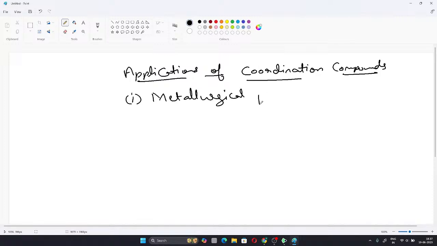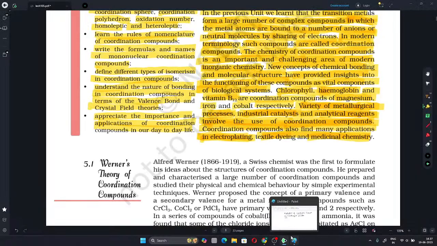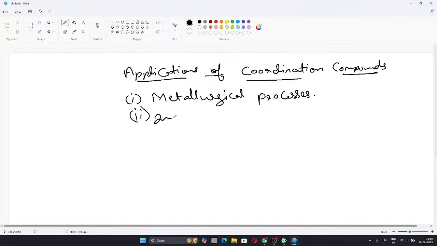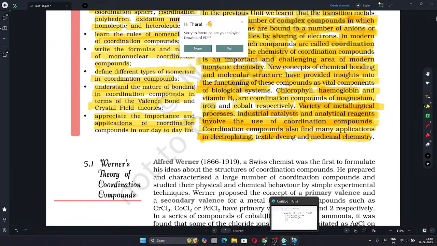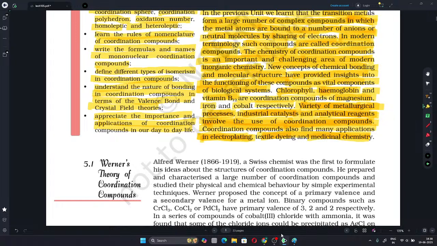Metallurgical processes, industrial catalysts, analytical reagents involve the use of coordination compounds.